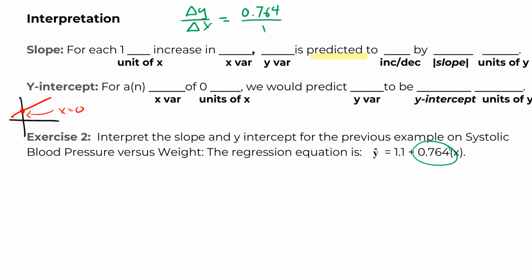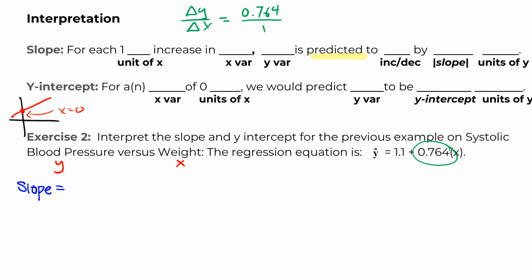All right, so let's go ahead and interpret both of these for that previous example we had with systolic blood pressure versus weight. Previously, we used weight to predict systolic blood pressure. So that's our x variable and our y variable. So we're just going to go ahead and write out these interpretations. So the slope, as we noted, is 0.764.